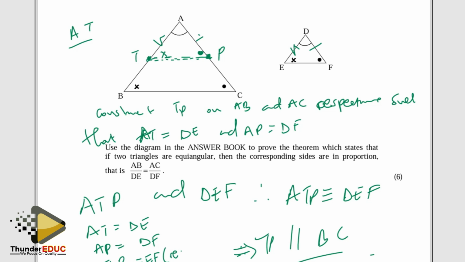I'm going to use AB divided by my AT. This must be equal to my AC over my AT. But remember I said AT is the same as DE, and AP is the same as DF. And then you draw your conclusion.